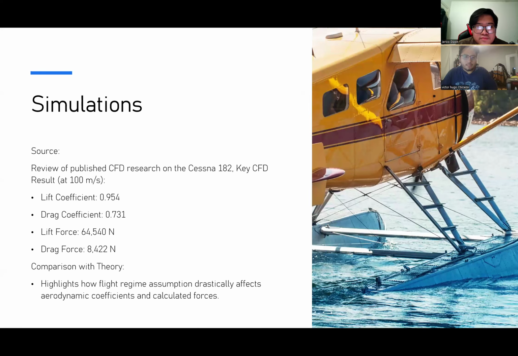For the simulation, we reviewed an interesting CFD research paper by Highly Innovations.